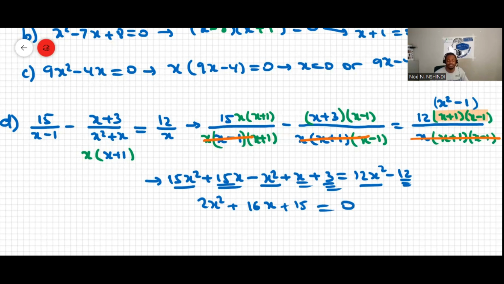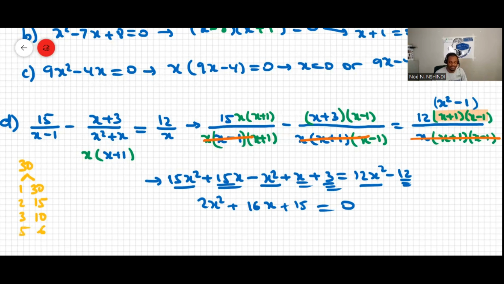Now we have a quadratic trinomial. We do 2 times 15, which is positive 30. The factors of 30 are 1 and 30, 2 and 15, 3 and 10, 5 and 6.